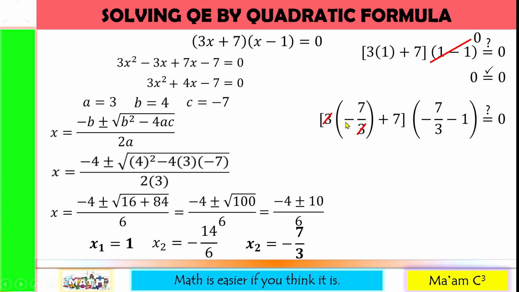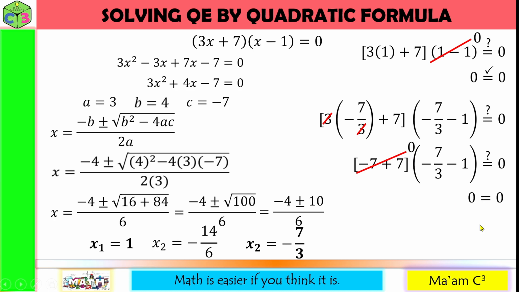So we have negative 7 plus 7, which is equal to 0. And just like here, 0 multiplied by any number is 0. So 0 is equal to 0. Therefore, our answers x equals 1 and x equals negative 7 over 3 are correct.